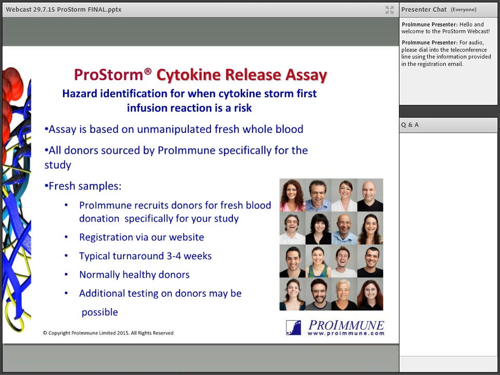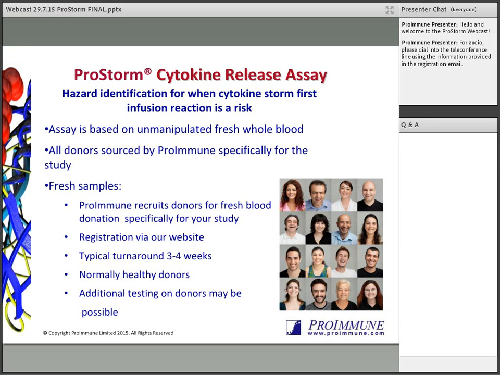So the donors used in the study are recruited by Proimmune through an online registration. These are all local donors. The lab operations are held in Oxford in the United Kingdom. And these healthy individuals have been identified as free from symptomatic viral and bacterial infections.